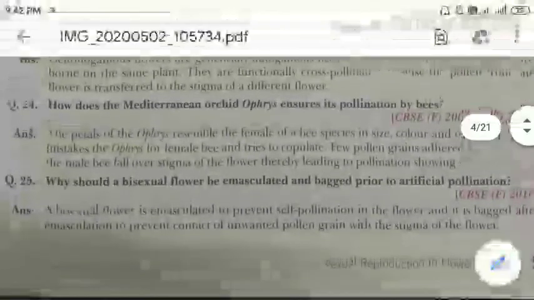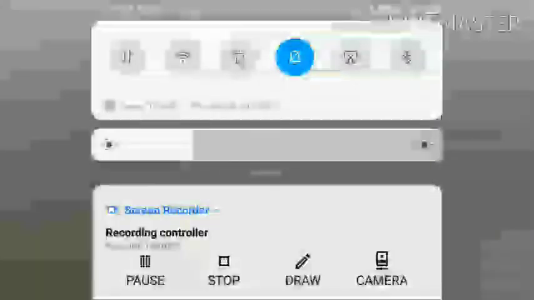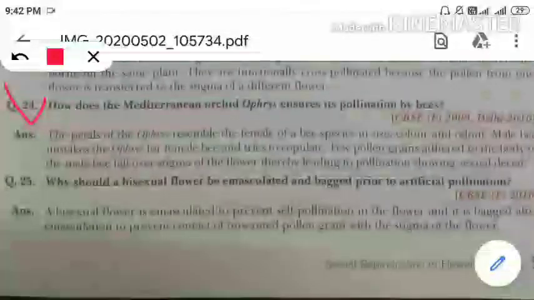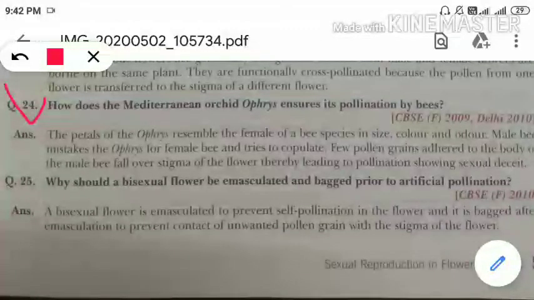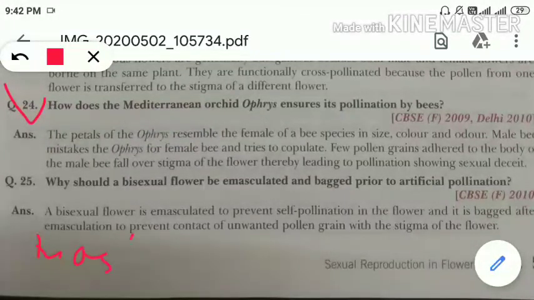Now come to question number 24. How does the Mediterranean orchid Ophrys ensure its pollination by bees? If you remember, we have seen that in most cases there is pollination by animals.